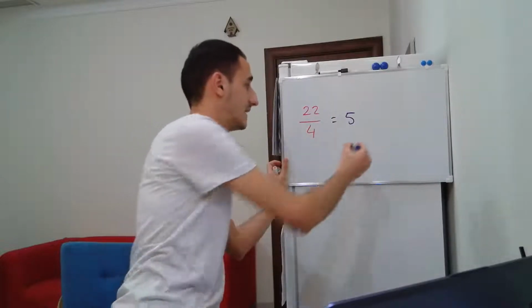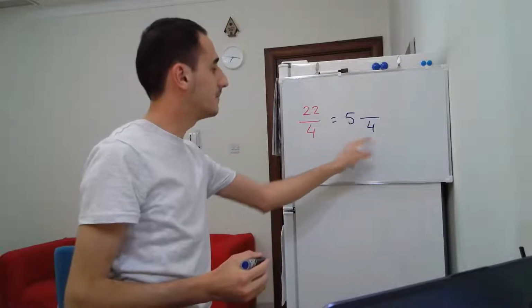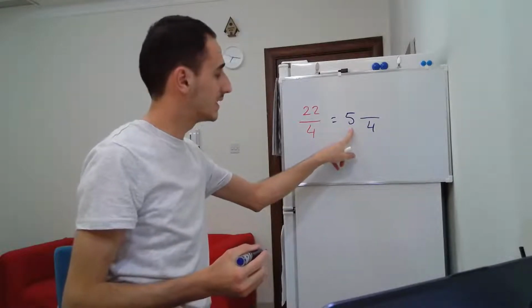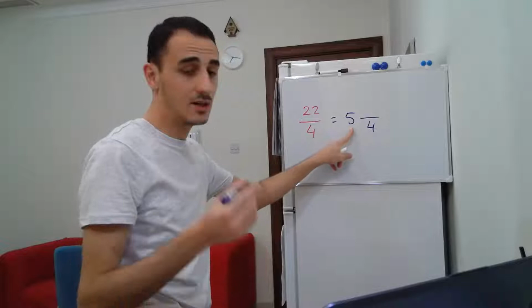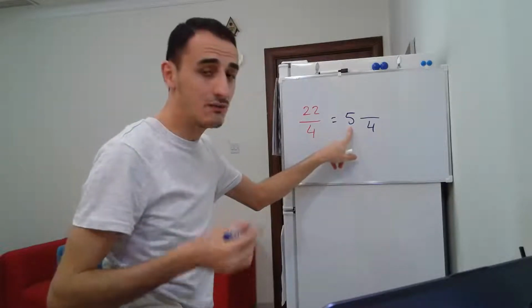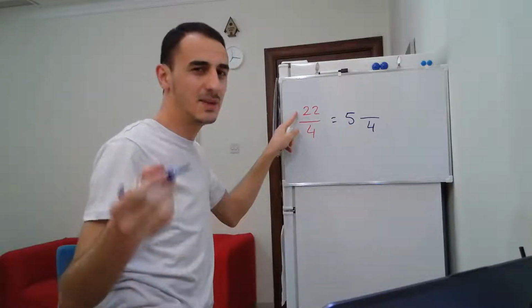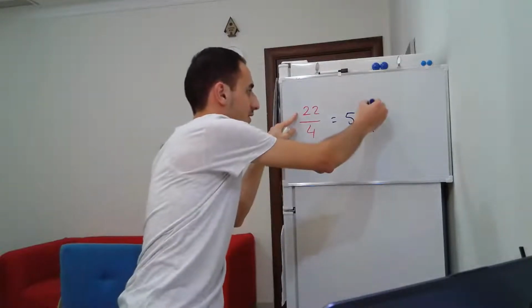It's going to be 20, right? So you keep the bottom number the same. This is the number that represents how many 4s you can fit into 22, which is 5. You write 5 whole, and then you write the remainder on the top, which is 2.